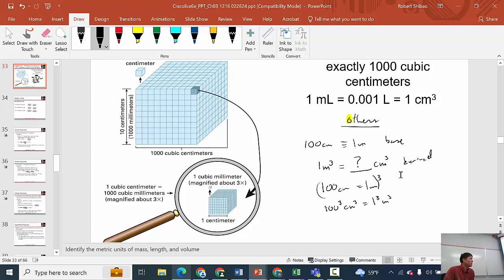The way I think about 100 cubed is I go 10 squared, which is 100, cubed. Do you know what 10 squared cubed is? 10 to the 6. 10 to the 6 is a million.